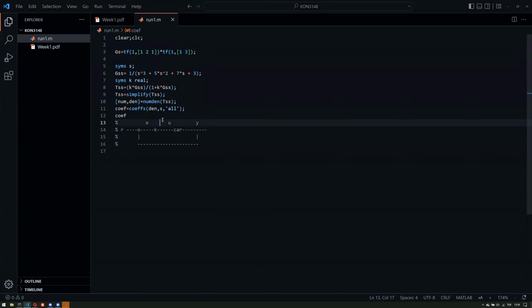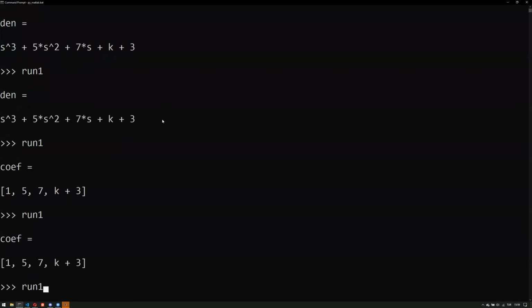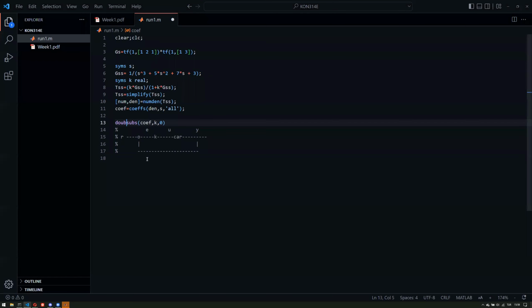So now what we can do is go ahead and substitute values into it. For example, in order to have a starting point, I want to substitute k equals 0 here. So let's do that. You can see we have plugged in k equals 0. Now I can convert it into double. This is still not double, so let's convert it into double.